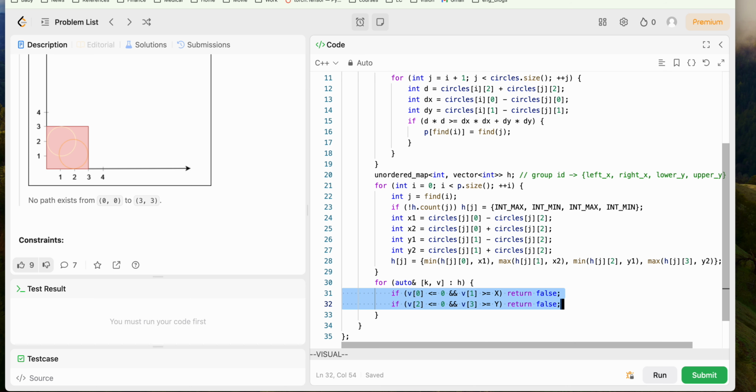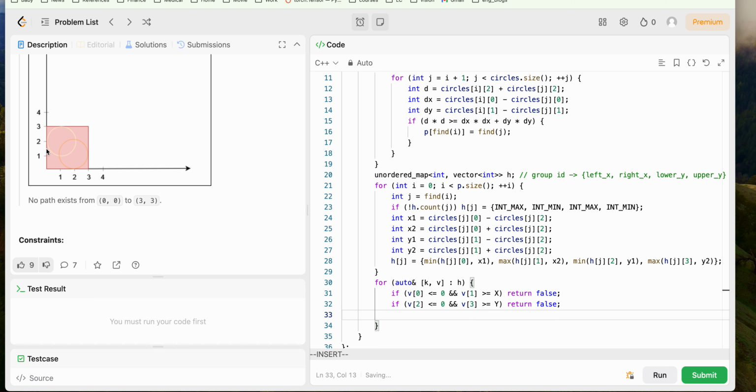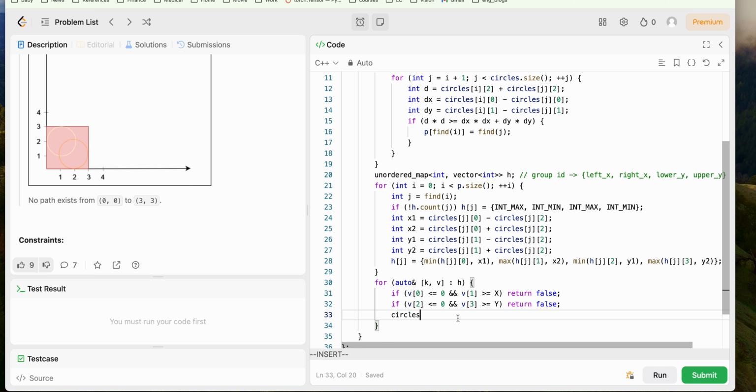And there are also two other conditions. One is like this. So the x is less than 0, and also y is less than 0. So this corner is covered. Okay? And also, another possible way is x greater than x and y greater than y. Then this corner is covered. So we have two other conditions.